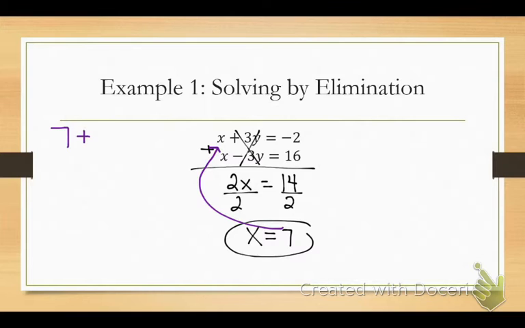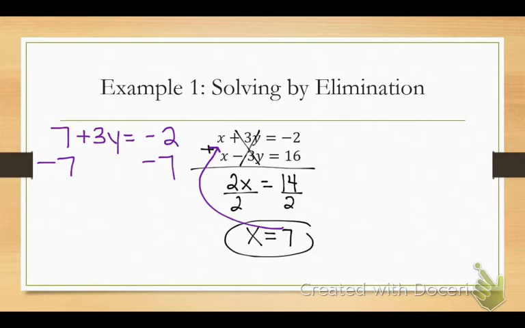7 plus 3y equals negative 2. So we plug our value for x back into one of the original equations so that we can now solve for y. Isaac, what would I do next? I want to solve for y. You've got to subtract 7 from both sides.